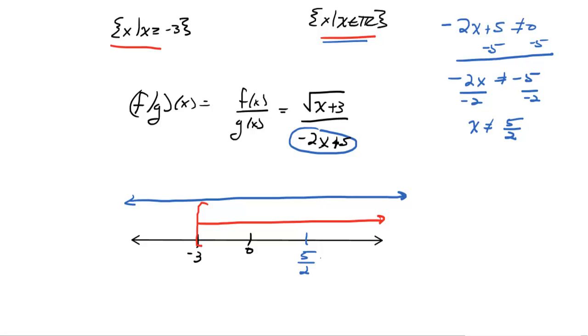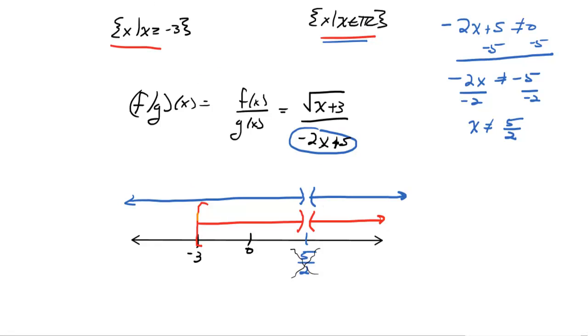This value cannot ever exist. It has to be excluded from our domain. So we're going to eliminate it by adding a set of parentheses here and a set of parentheses here, parentheses because we can't include it.